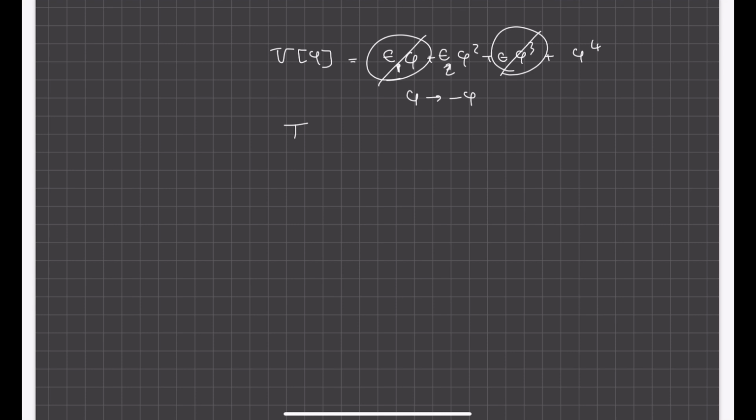And this T of phi is some derivative terms and their powers. So it could be second powers and so on, and we have to get rid of the odd powers 1 and 3 and 5 and keep the even powers. So now you just have to write down this Lagrangian here.